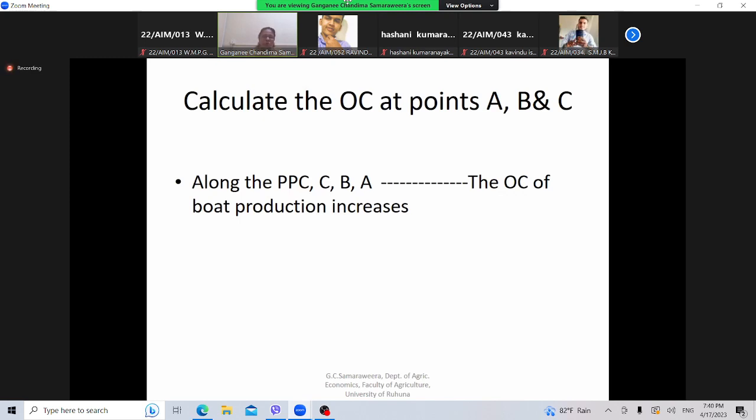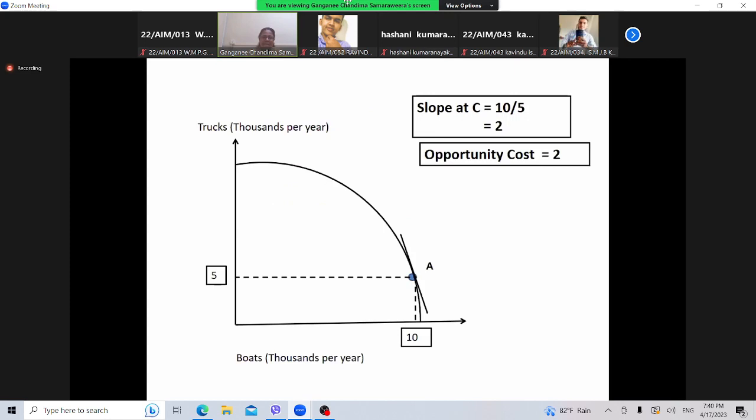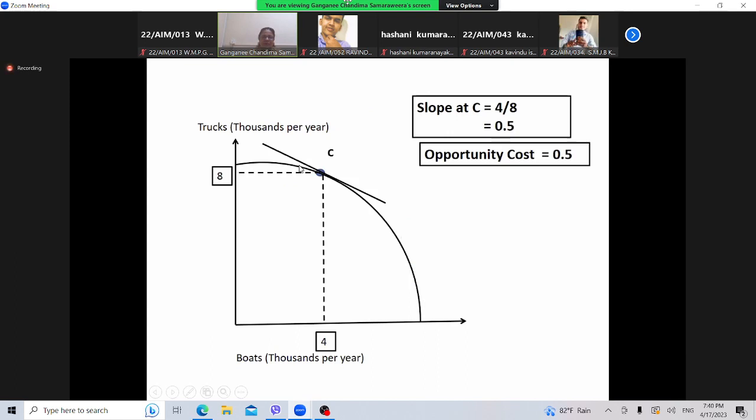So you can understand along the production possibility curve, the opportunity cost of boat production increases. Here is the point you need to understand.